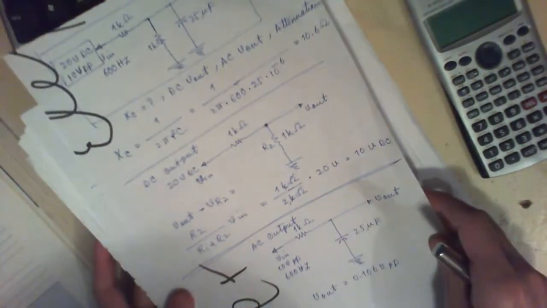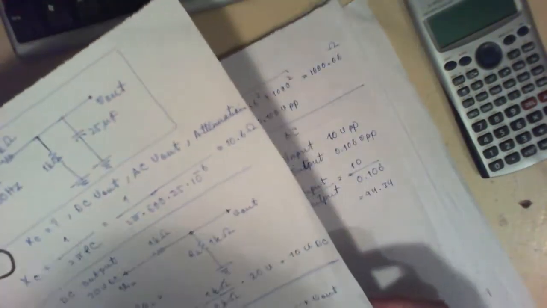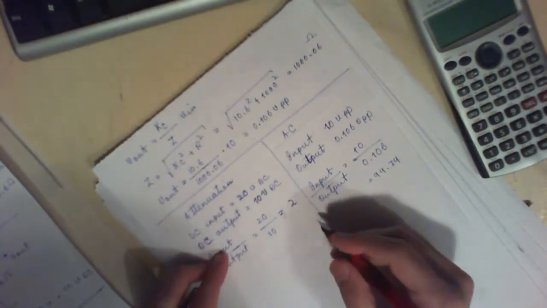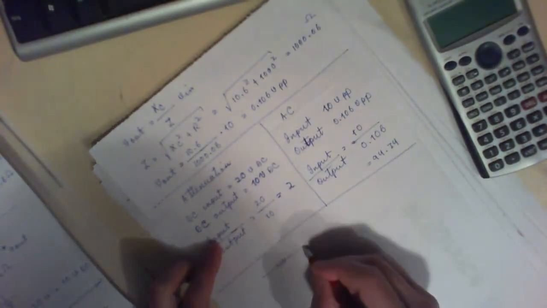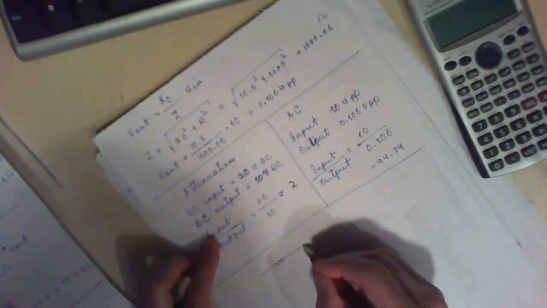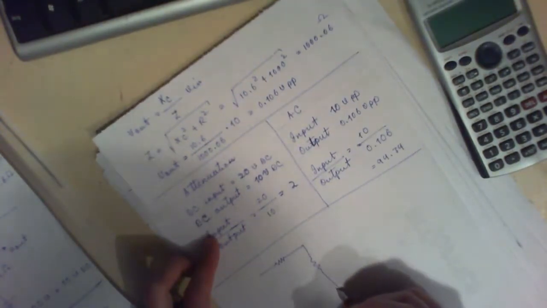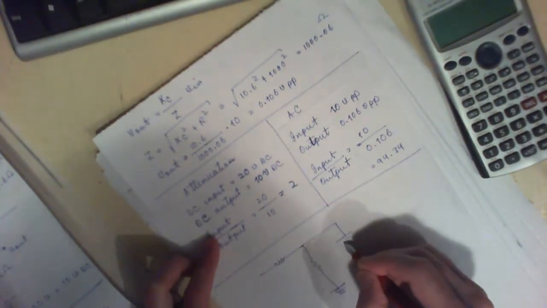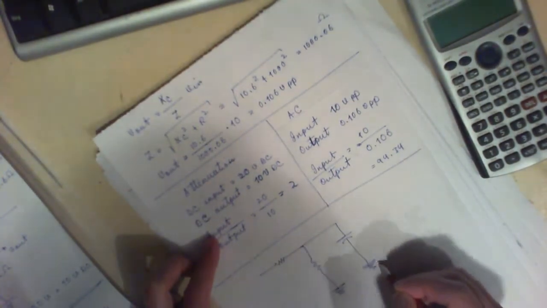Okay, so the next thing that we have here is the same circuit, but with a few changes. I have the same circuit here, a resistor over here and a resistor over here, and that goes to ground, and then a capacitor over here, and that goes to ground too.